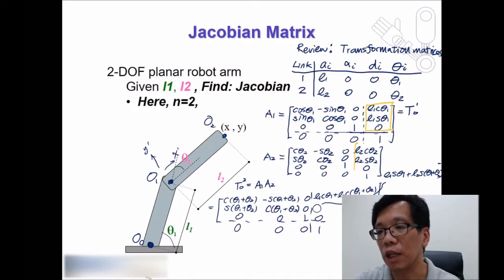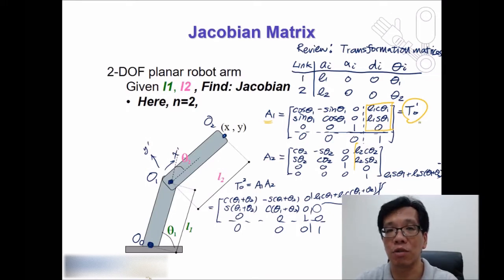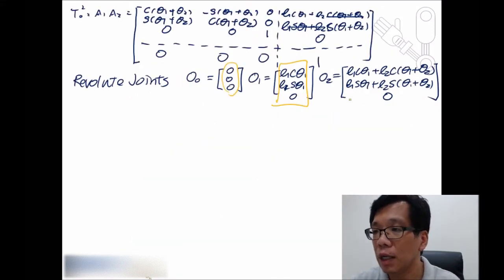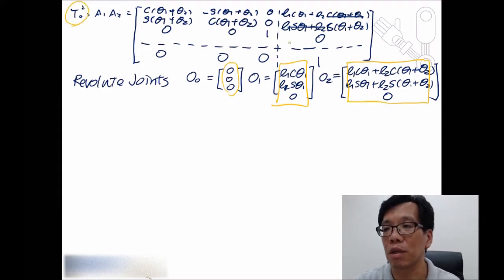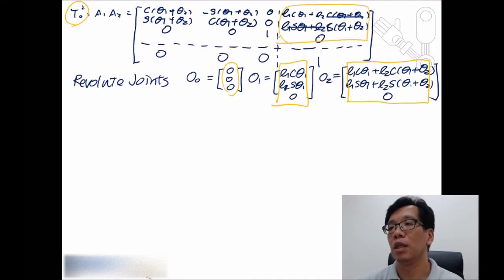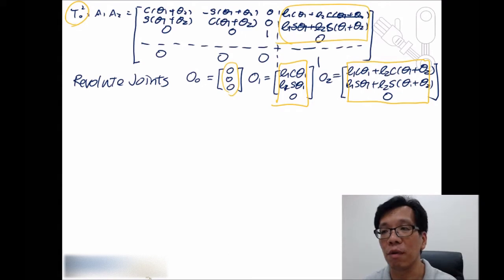We are not looking at this one. We're actually looking at this one. So this is going to be the O1 we have, and that's based on the transformation matrix from frame 0 to frame 1, which means this part over here is going to be related to this transformation matrix, and it's going to be those 3 parts. So keep in mind those are important to us, and we need to use those information to come up with the information of O0, O1, and O2.